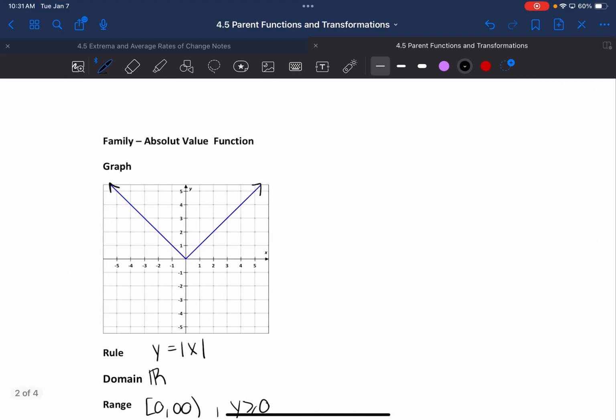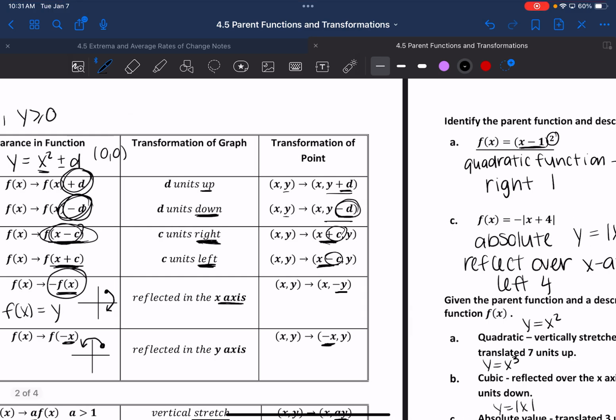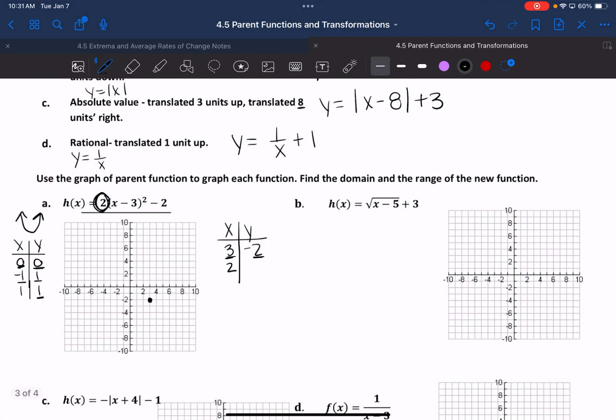Subtracted 2, right? Remember right over here on the table, we said that this means you subtract from your y value, right? Okay. All right, so then normally that would put it at -1, right? But then we said this 2 tells us we're supposed to multiply our y values by 2, right? So times 2, -1 times 2 would be -2.